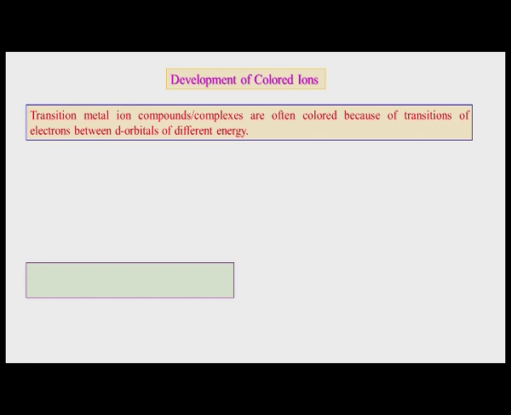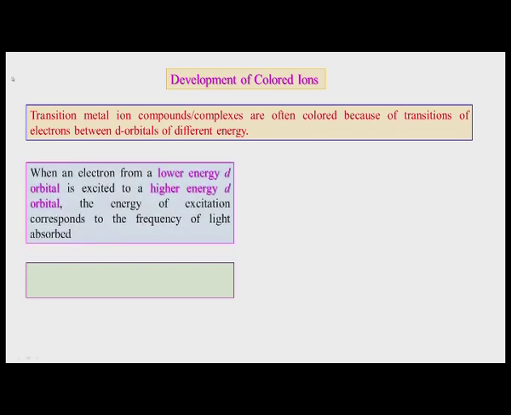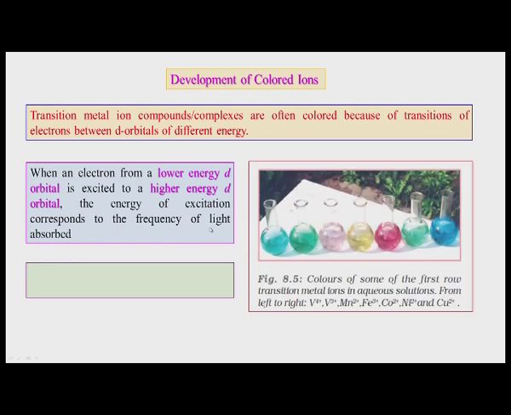Some of them will be in the lower energy, which are in the ground state, and some will be in the excited state, which are of the first excited level or in the excited level. So, when an electron moves from the lower d level to the higher d level, the energy of excitation corresponds to the frequency of the light absorbed, and as a result, if we move across all these metal ions, say tetravalent vanadium to copper, we can see very characteristic colors.